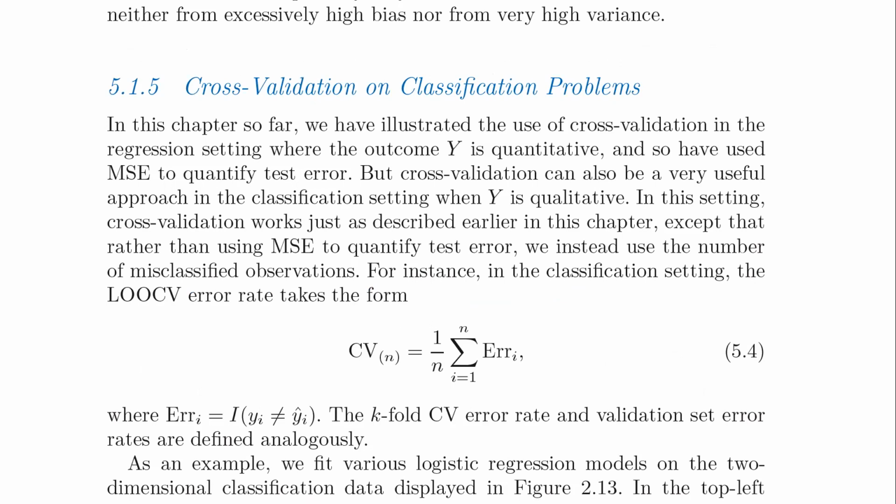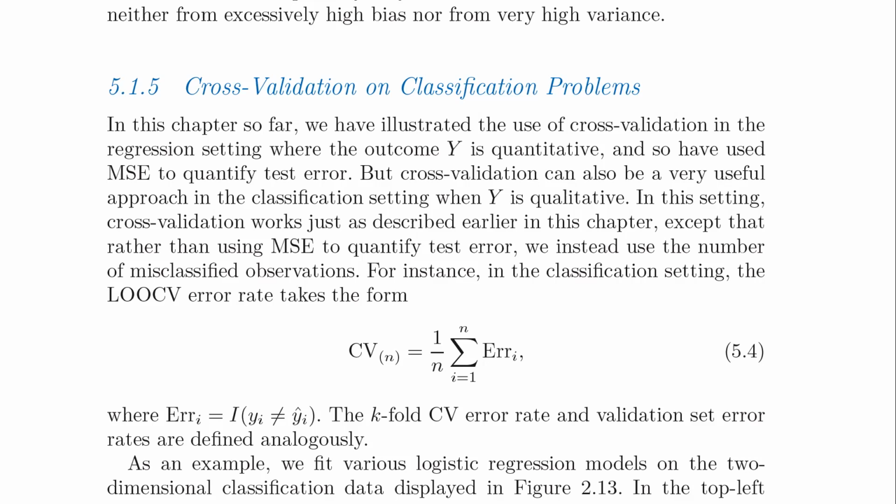In this chapter so far, we have illustrated the use of cross-validation in the regression setting. So that means the outcome is quantitative, and so we have used mean square error to quantify test error. But cross-validation can also be a very useful approach in the classification setting when Y is qualitative.